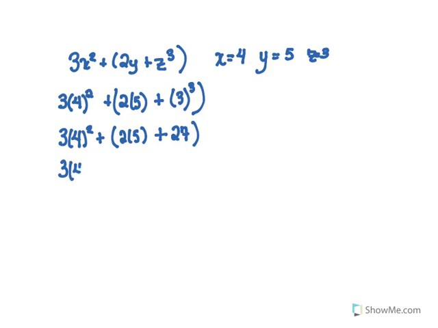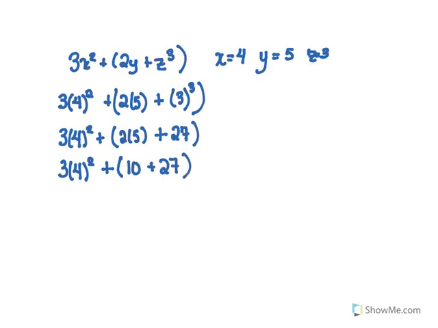So I have 3 times 4 squared plus 2 times 5, which is, I'm sorry, I'm going to erase that real quick. 2 times 5, which is 10, plus 27.